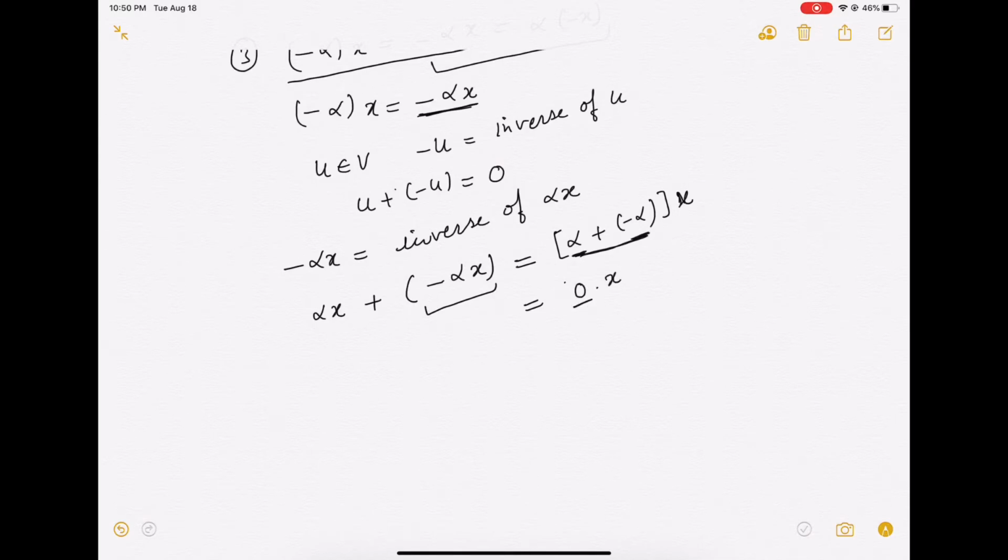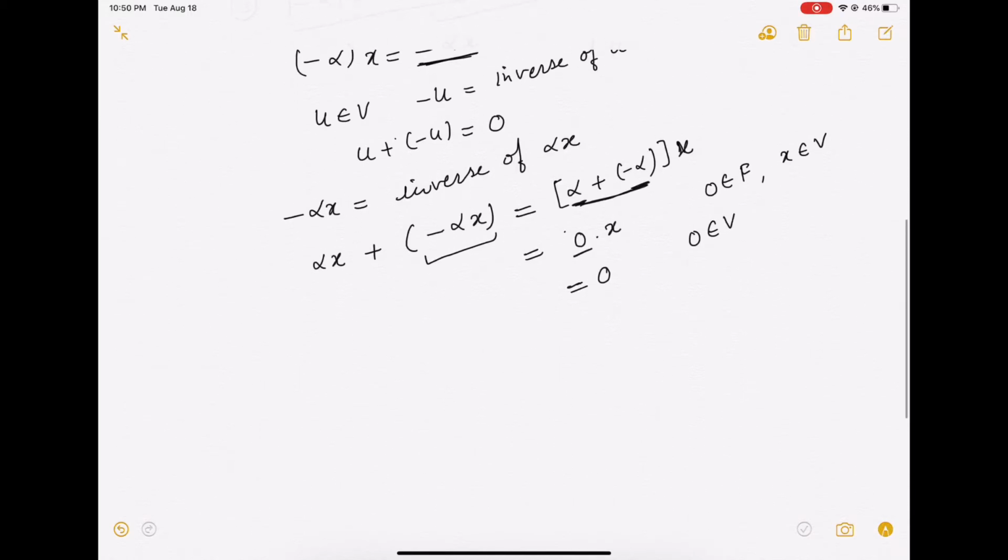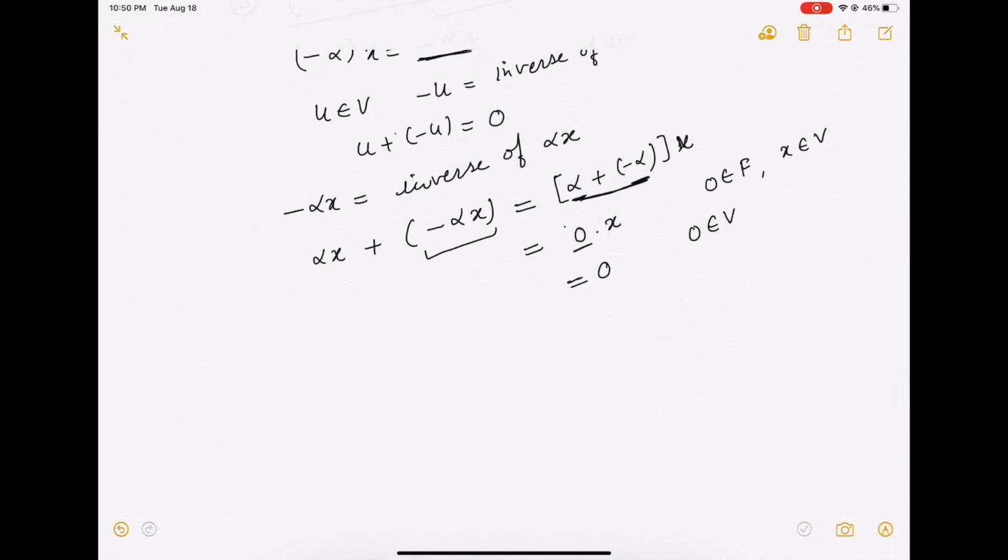Here this 0 belongs to field, member of field, and x belongs to vector space. So their product is 0, that is a vector quantity. So this 0 here belongs to vector space V. So alpha x, when added to minus alpha x, we get an identity element.